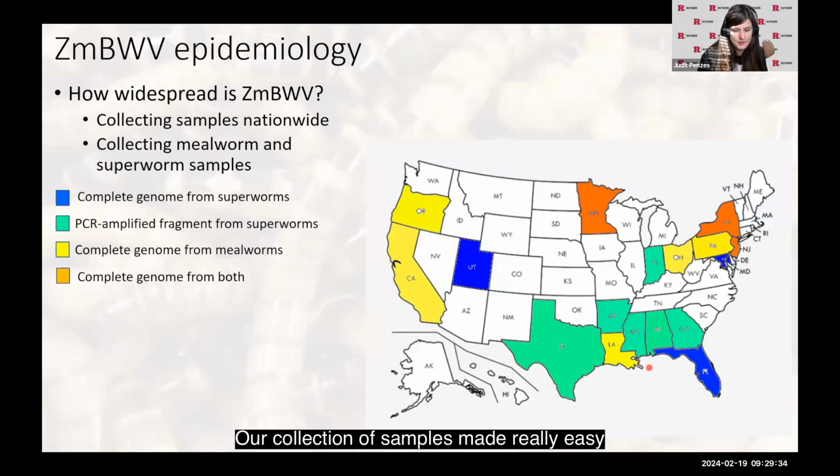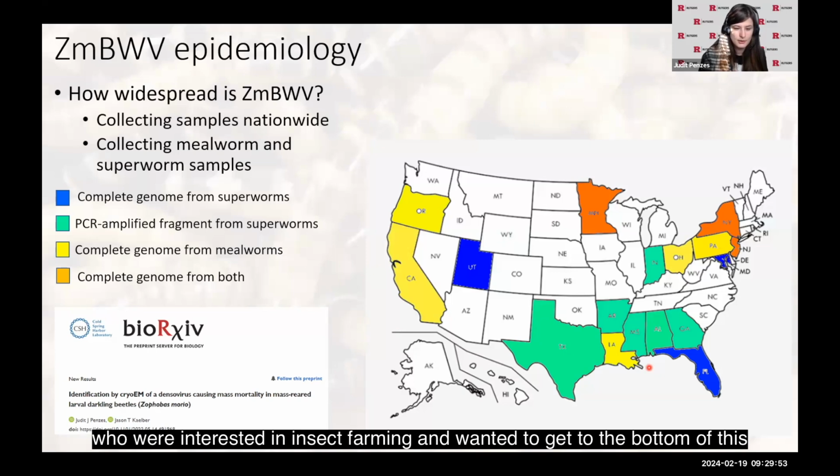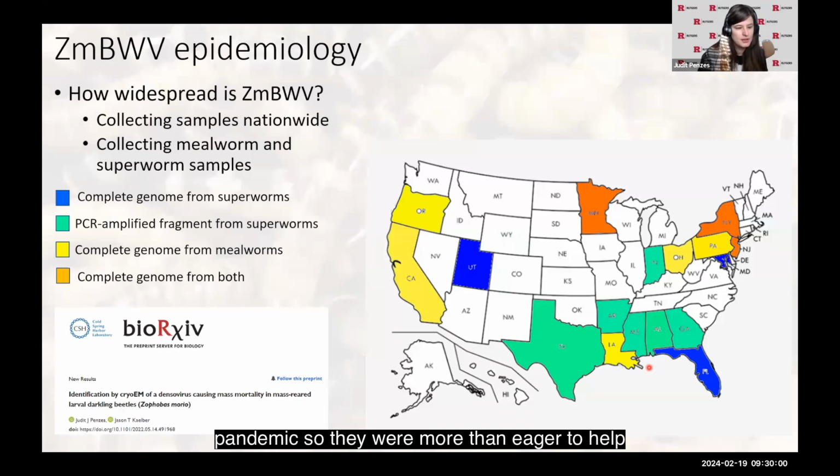Our collection of samples was made really easy by the fact that we released, only 1 month after receiving our Utah shipment, a preprint at the bioRxiv server, which was reached by many who were interested in insect farming and wanted to get to the bottom of this pandemic. So they were more than eager to help and send us samples whenever they dealt with this black wasting pathology of their animals.